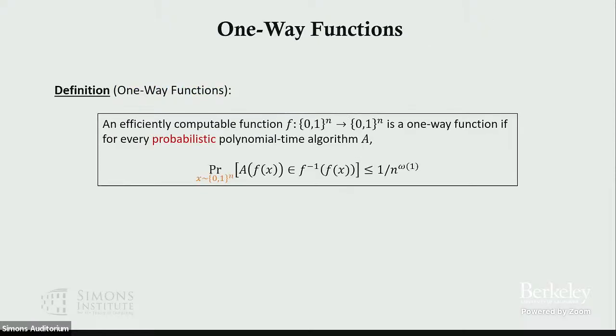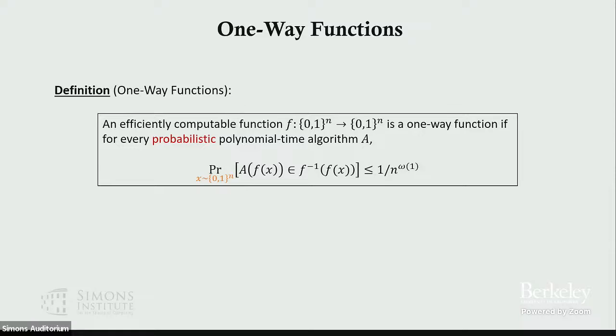Okay, let's take a step back and review the definition of one-way functions to see what might be the issues to establishing an equivalence between one-way functions and symmetry of information. So usually when talking about one-way functions, we just say that a function is one way if it is easy to compute and hard to invert.